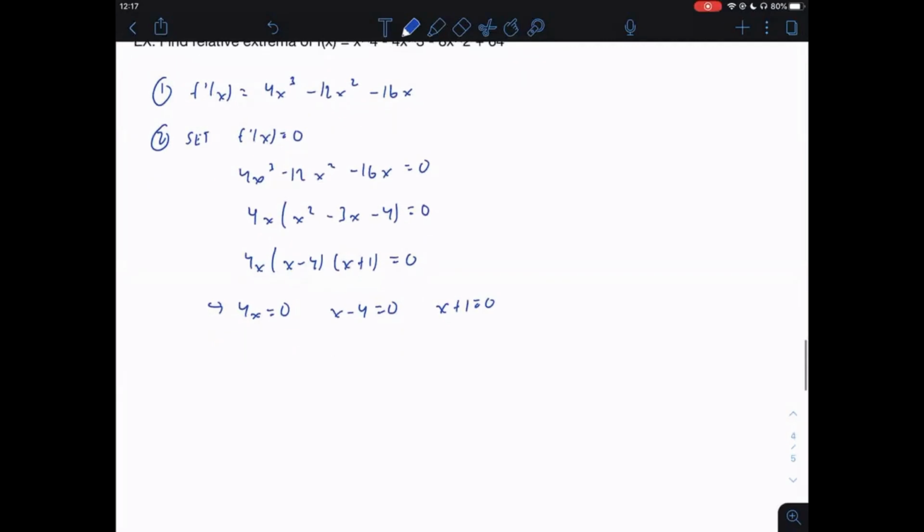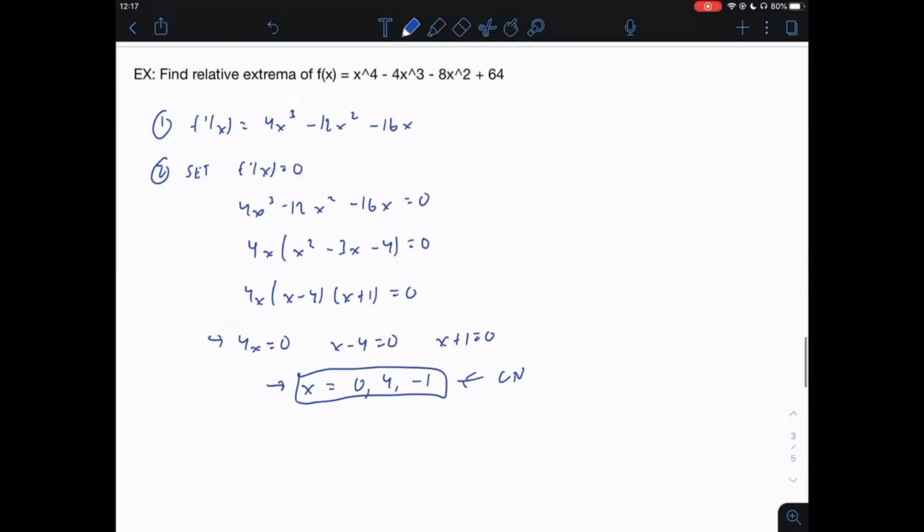And solving these, we get that our zeros of the first derivative are 0, 4, and negative 1. So here we have found 3 critical numbers. Okay, 0, 4, and negative 1, 3 critical values.